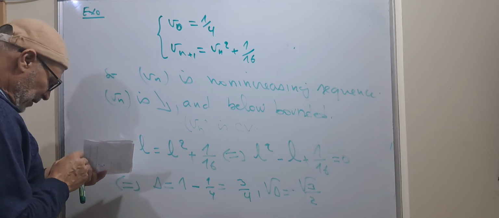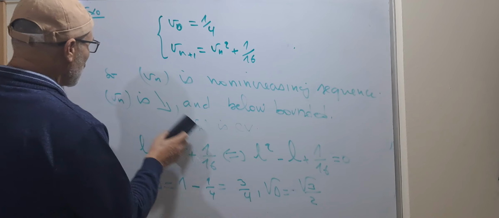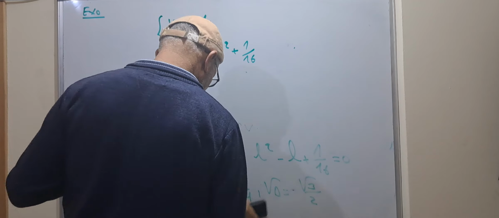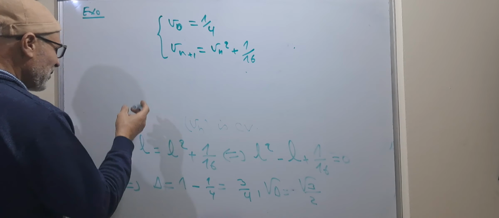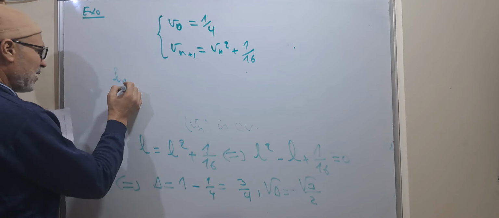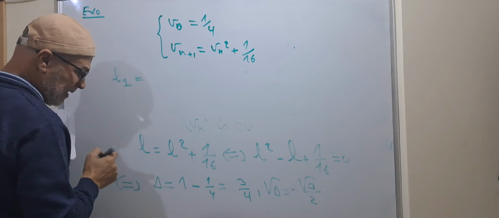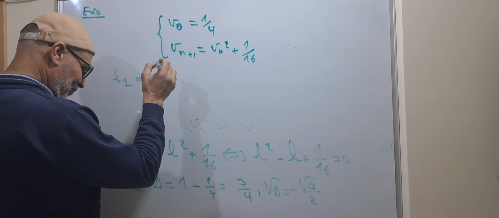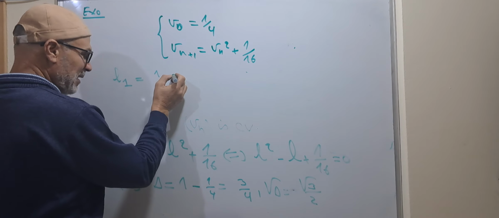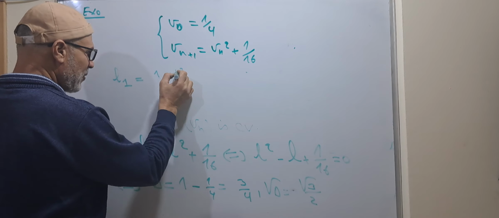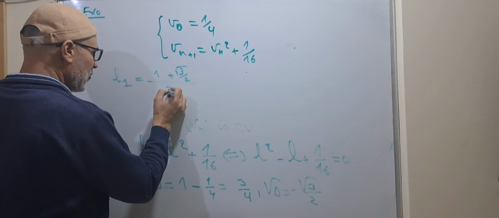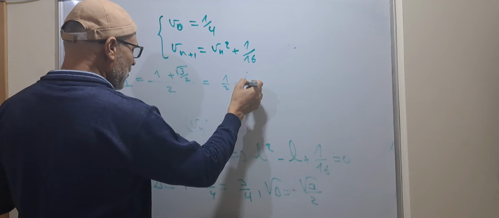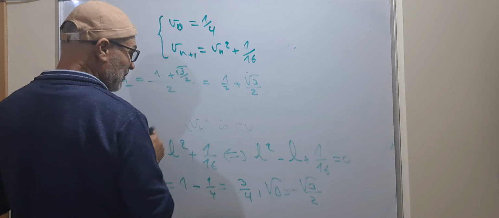The first possible solution is L1, which is equal to minus b, meaning 1 plus the square root of 3 over 2, over 2, which is equal to 1 over 2 plus the square root of 3 over 2.